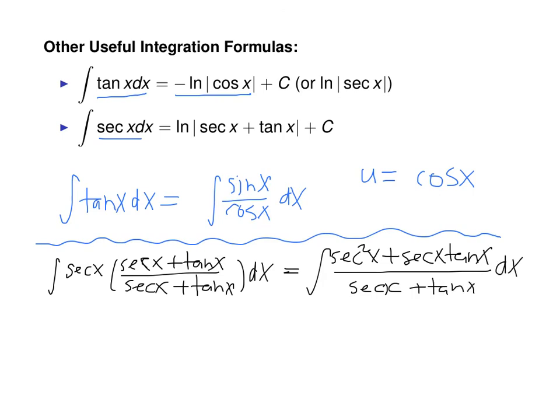And then if you let u equal secant x plus tan x, the formula falls out. But this trick to integrate secant is, well, rather tricky. So not something you would come up with on your own. So just be aware that that is the formula for the antiderivative of secant and the antiderivative of tangent, just in case you run across them.